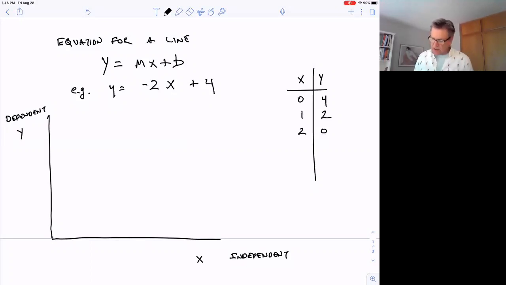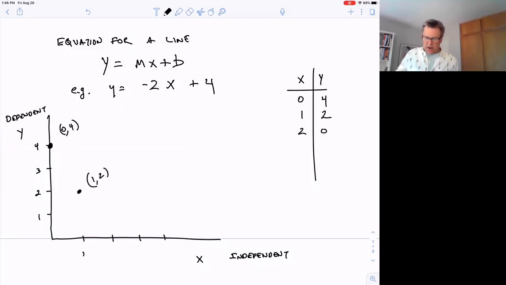So if we plot this, the first point is 0, 4. So on here, 1 point is right here, which is 0, 4. Another point is 1, 2, which would be right here. This will be 1, 2.